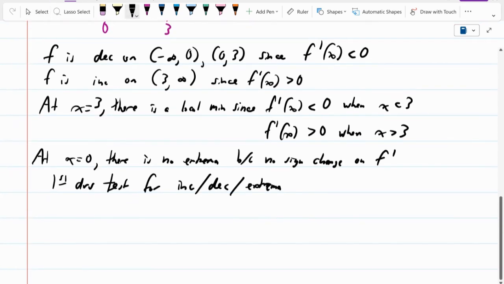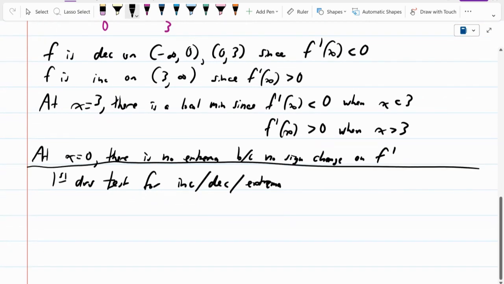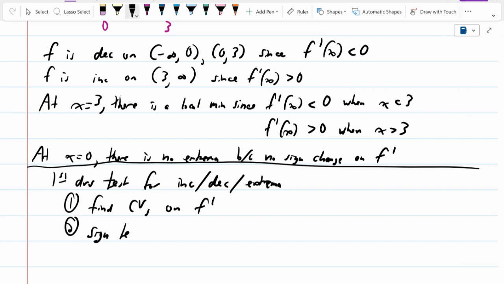There's no specific process of this, but some steps include: find critical values on f prime, do a sign test on critical values, and then your justification and your interpretation. So you interpret what you have and you justify what's going on.